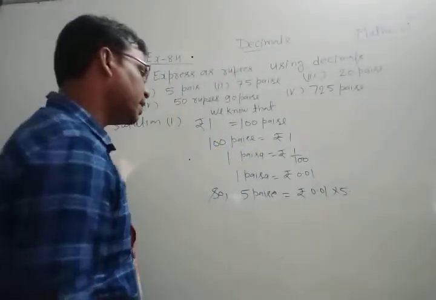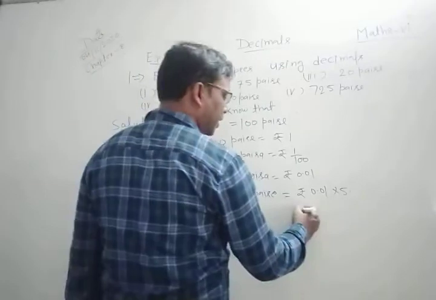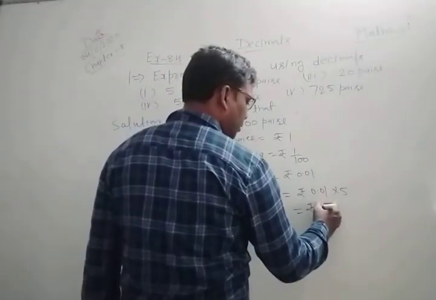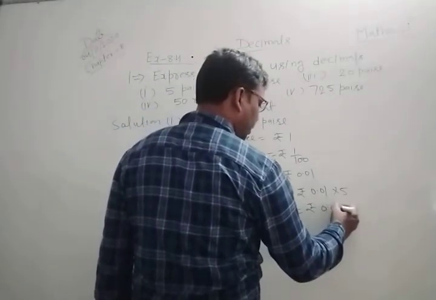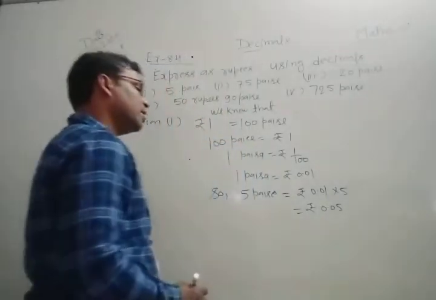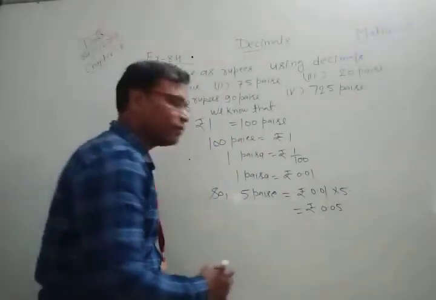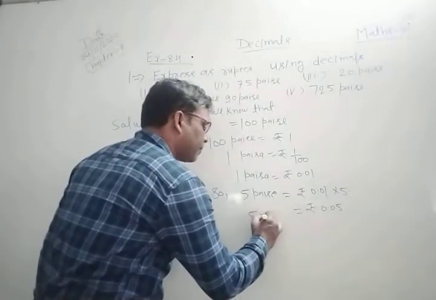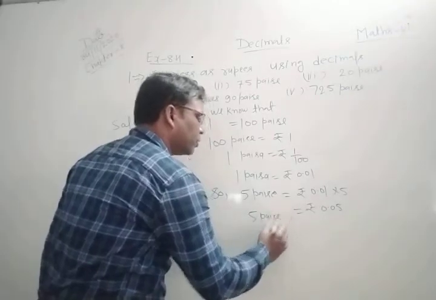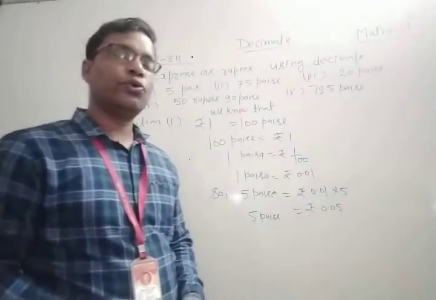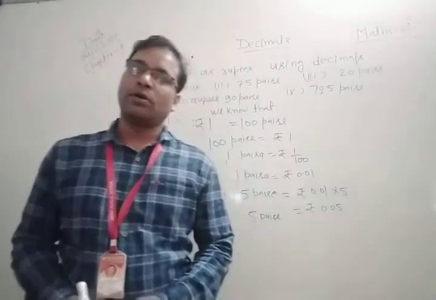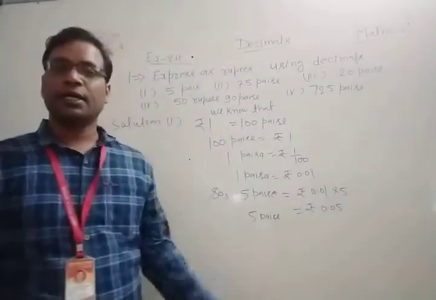So this is equal to rupees 0.05. Here you can see we find 5 paise is equal to rupees 0.05. This is clear.